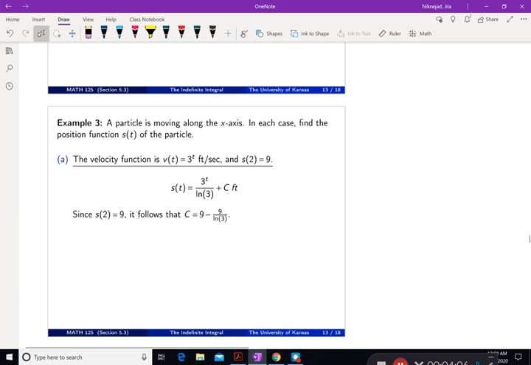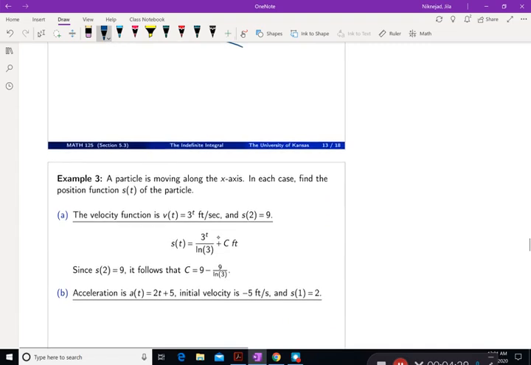We plug in 9 for s and 2 for t, and then we get 9 equal to 3 to the power 2 over natural log of 3 plus c, and then you solve for c, and then you have to put it back in the function again.